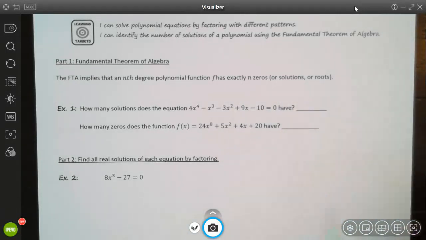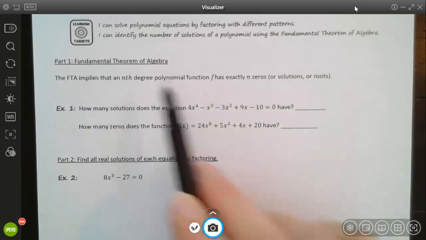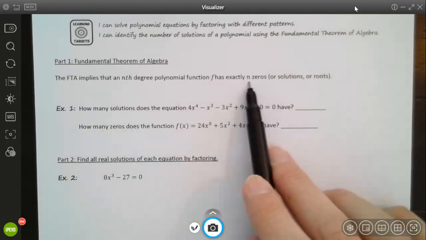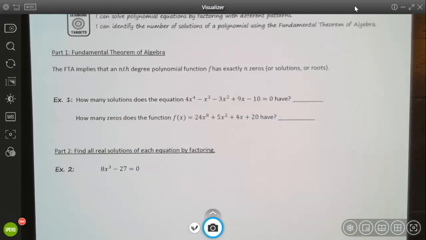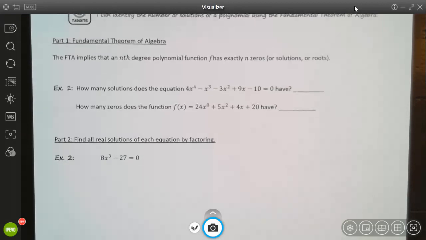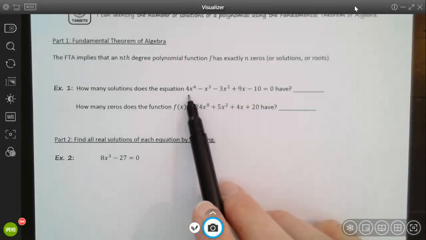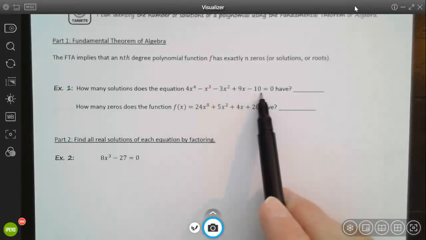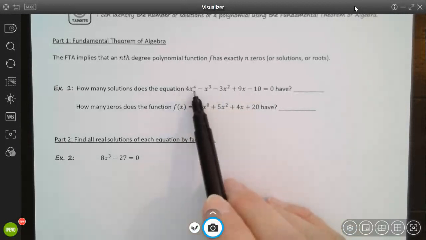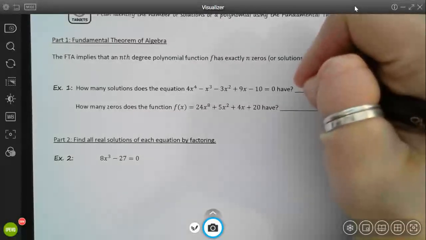So meaning what we're going to be doing is looking at the highest degree of the polynomial, and that highest degree is going to tell us exactly how many solutions or zeros or roots our polynomial equation should have. So for example, if we look at the equation 4x to the fourth minus x to the third minus 3x squared plus 9x minus 10 is equal to 0, I'm going to look at the highest exponent here, and that's going to tell me that if I were to take this equation and solve it, I should have 4 solutions.